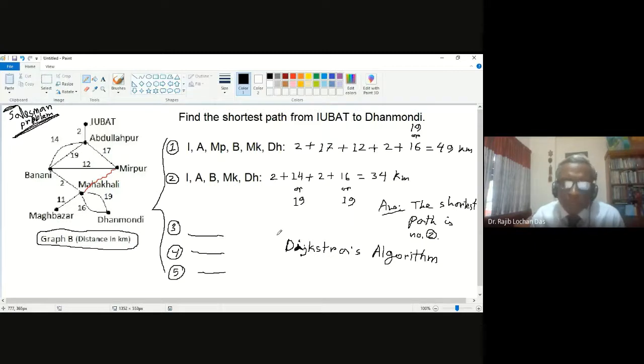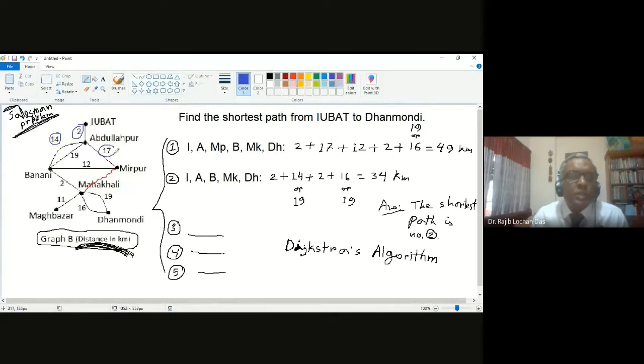The concept is fine. Another thing I want to say is that this is not always about distance. Anything we can impose here as the weightage. So these 2, 4, 17, all these are weightage.